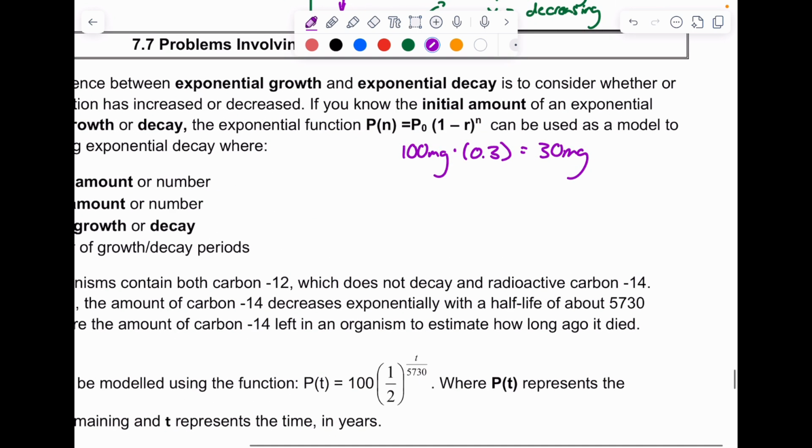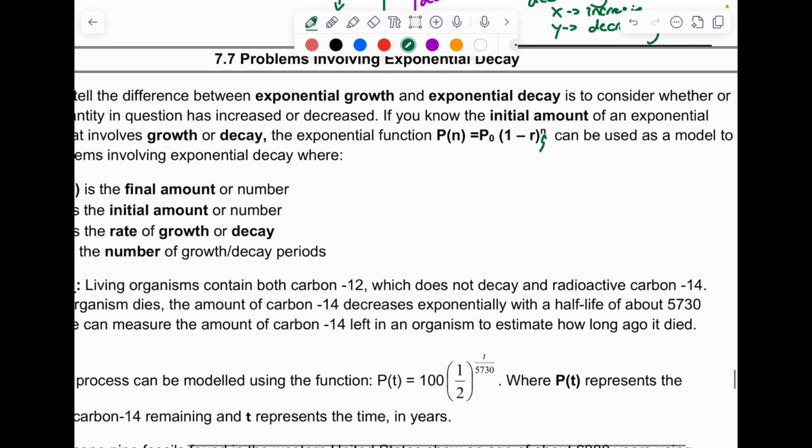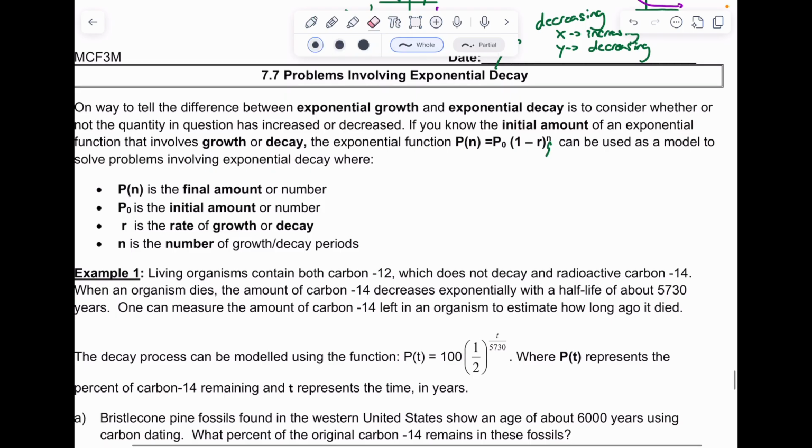But if I said that you do this 30% a certain number of times, that's where this exponent comes in. That's how many times you're taking 30% of it, or whatever your scenario is. So you have the initial, you have your rate, and then you have this exponent: how many times you're doing the decaying, or the number of growth periods.